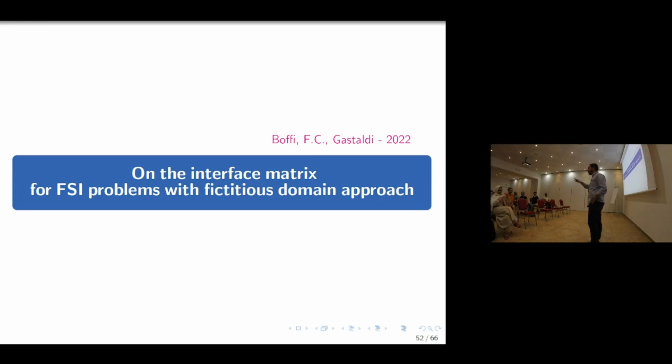So basically we finished the introduction about the general setting, the simplified interface problem, these things. Now we discuss some particular features of the method. In my case, we focus now on the interface matrix for FSI problems with fictitious domain approaches.